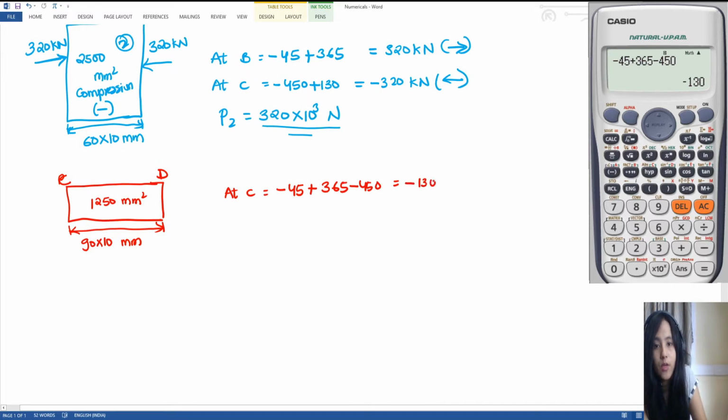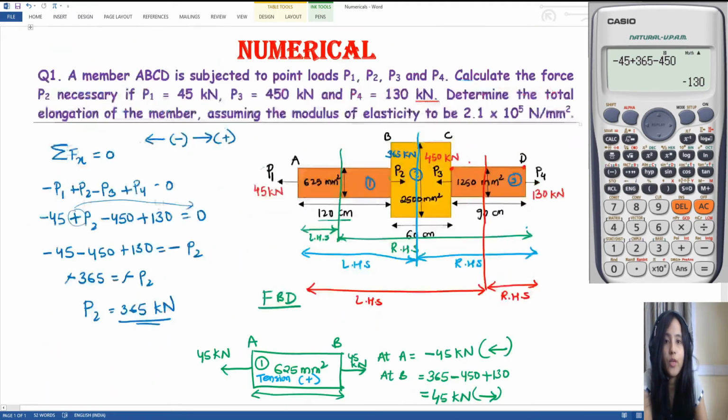Minus 130 kilonewton, and minus means it is going to the left hand side direction. So I have minus 130 kilonewton. And at point D, we have only one force, right?